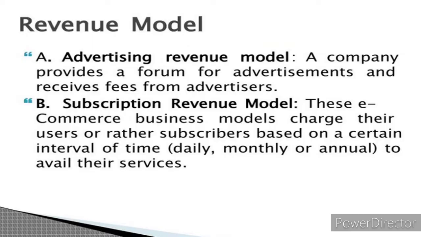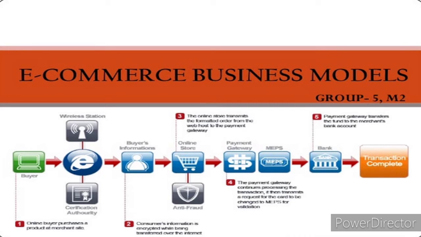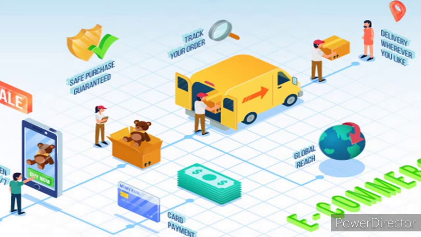These e-commerce business models charge their users, or rather subscribers, based on a certain interval of time, maybe daily, monthly, or annually, for availing their services. The service offerings of these companies generally include music, videos, TV channels, magazines, etc. And these services are offered to the subscribers for a price to watch, listen, or to get the latest edition.